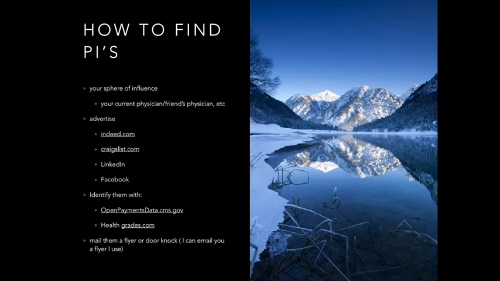Another way is to identify them. So, okay, your sphere of influence is great. Advertising is great, but you don't have an unlimited advertising budget. So how do you identify them for free? Identify more physicians in your area for free. I like two particular ways, but a third one is Google, which I didn't think, I mean, that seems obvious, so I didn't want to put that in here.